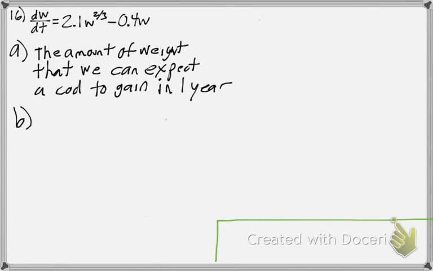Part B says make a graph. So let me type this in. And I'm going to go 0 to 200 for the x's, and let's go negative 10 to 10 for the y's.